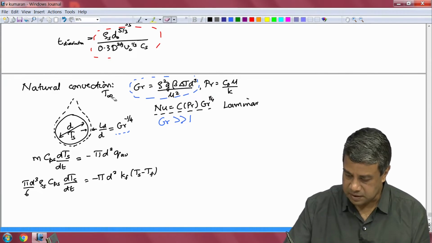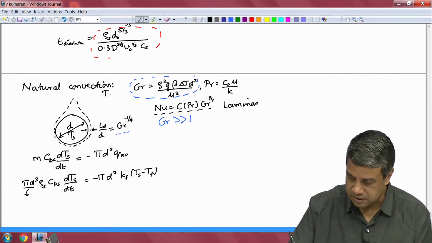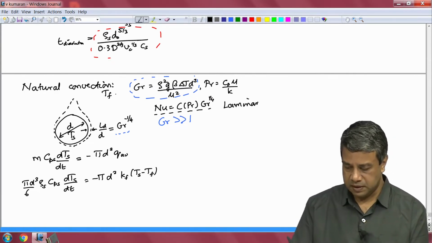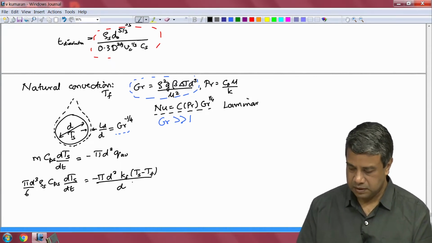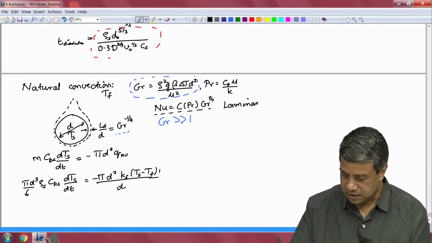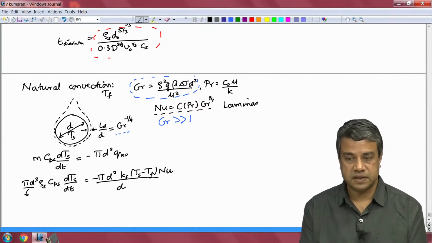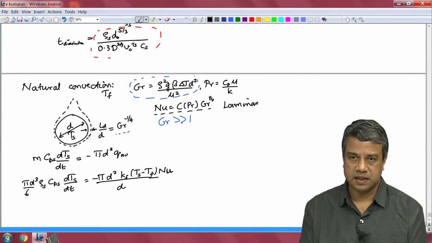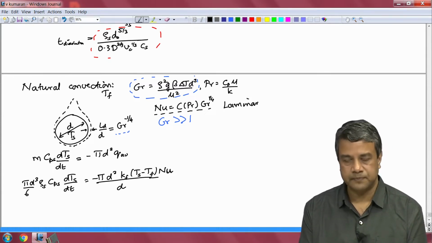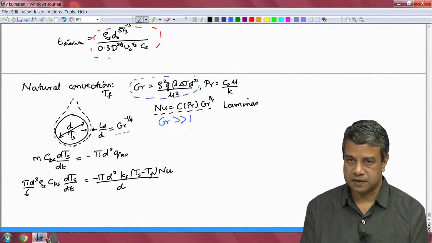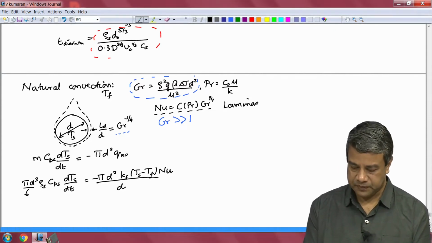I am assuming that the temperature far away is what is called Tf, divided by d, times the Nusselt number. So, I have expressed the average flux in terms of the Nusselt number as K delta T by d, where delta T is the difference in temperature between the surface of the sphere and the fluid far away.